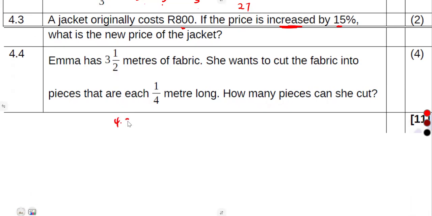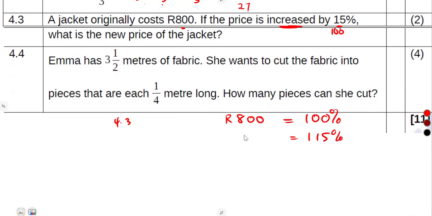All right, 4.3, a jacket originally costs 800, if the price is increased by 15%. All right, so that's an increase, this one. So originally that's at what? At 100%. The price of the jacket is 800 at 100%. Increased by 15, it means we're going to increase this one by 15. It'll be 115. Add 100%.